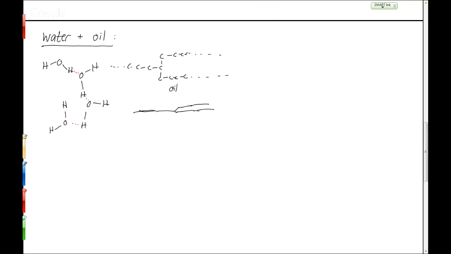And what kind of intermolecular forces are those going to interact with? Is that going to be polar or non-polar? You want to take a guess? Polar or non-polar? Oil?